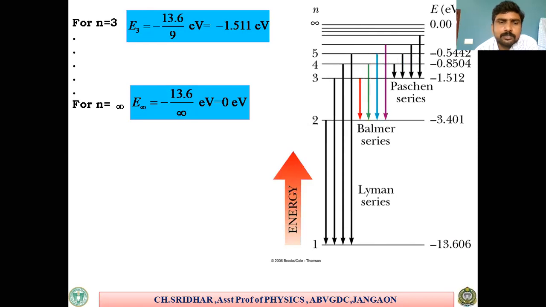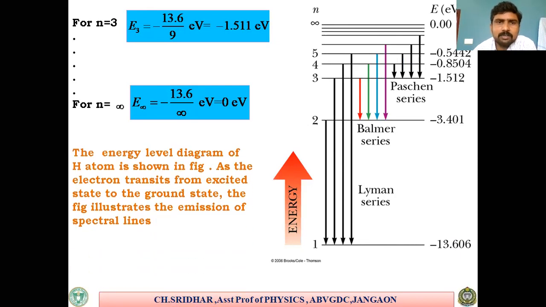This is the pictorial diagram which explains the spectra of the hydrogen atom. The energy level diagram of the hydrogen atom is shown in the figure. As the electron transits from the excited state to the ground state, the figure illustrates the emission of spectral lines. Here we have the energy states of the hydrogen atom: the first energy level, second, third, fourth, fifth, and so on.